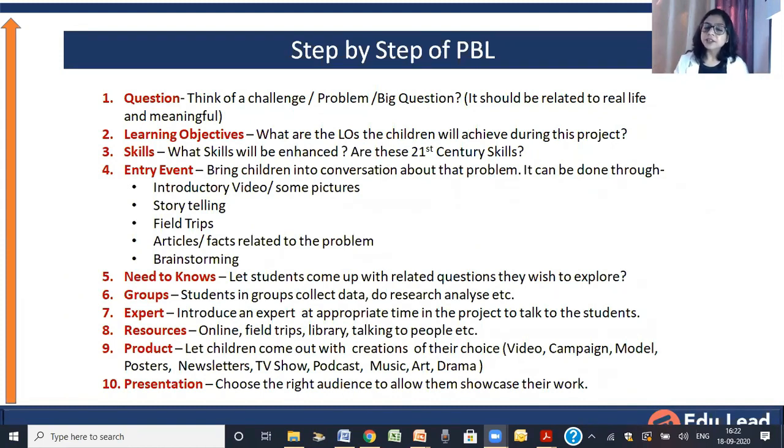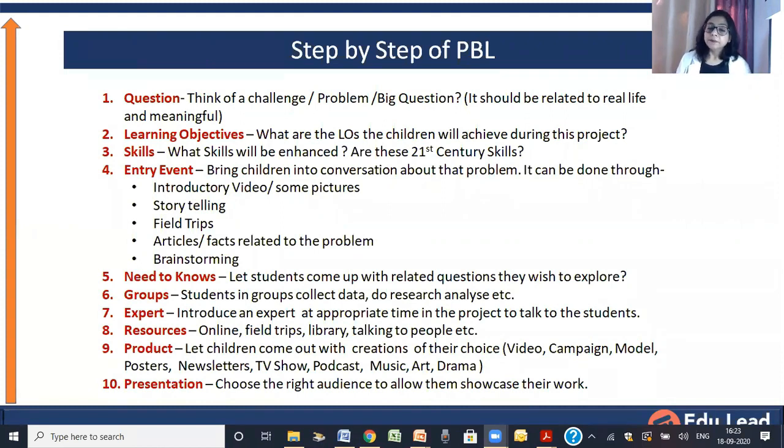Related to your project, try to bring in some expert who can interact with your students. Right now it could be a virtual expert. You can bring them to a Zoom meeting and let the students talk to that expert. So the expert brings real field knowledge to the students.